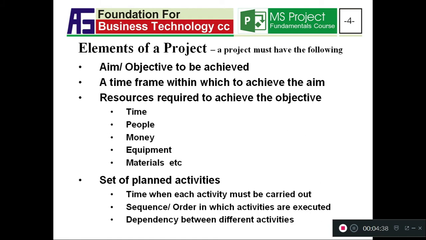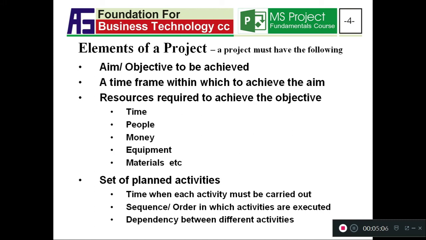So a project has got a number of elements, some of which I've already mentioned. So the first element of a project is that it needs to have an aim. It needs to have an objective. That is why you hear people talking about the dam project, or they talk about the stadium project. Why?